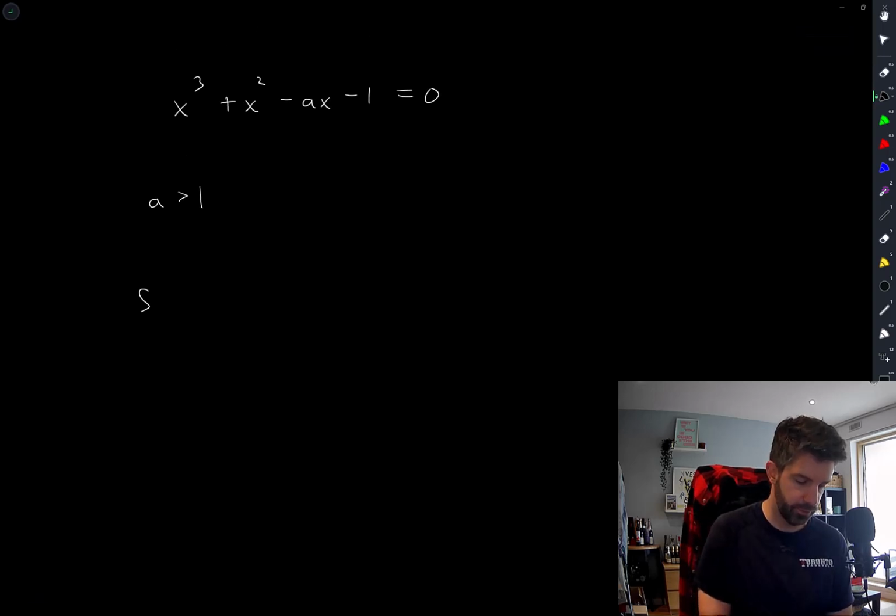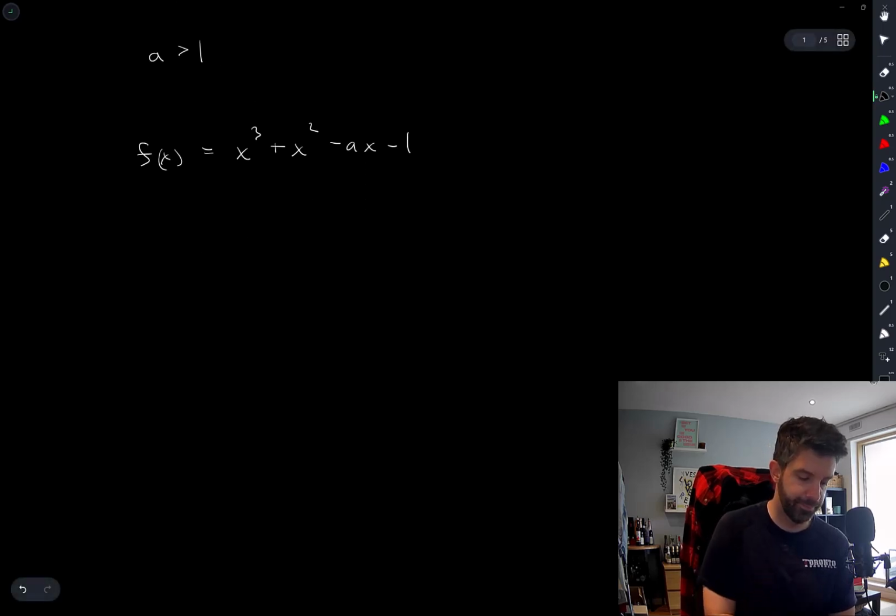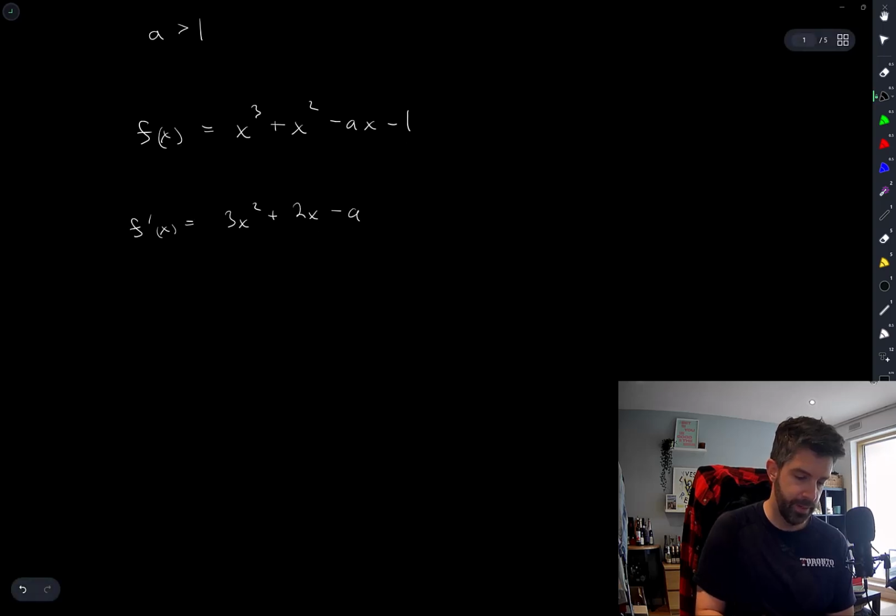Okay, so let's call this cubic thing f. I don't know if this approach will work, but it's something to try. So f prime of x is equal to 3x squared plus 2x minus a. I'm going to set this equal to 0.